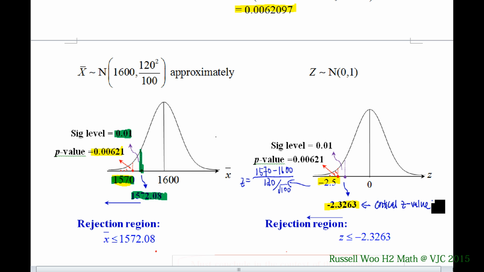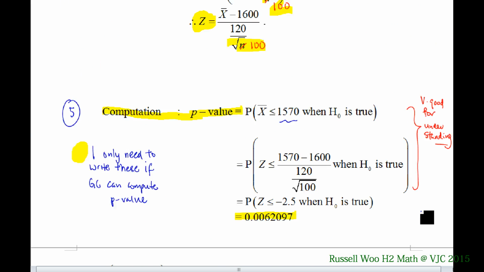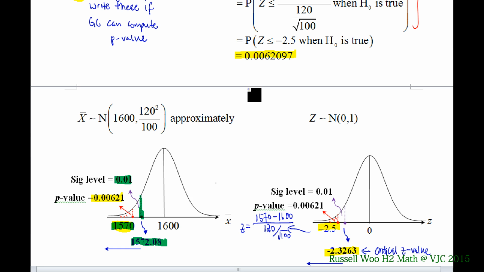For the exam, there are three ways to do decision making. The most obvious way, A, is use the p-value. If you can use the p-value, just use it and compare against the level of significance to do decision making. B, you use x bar.